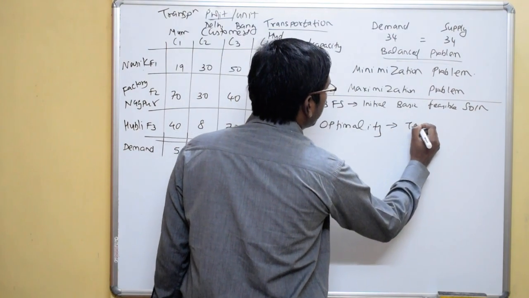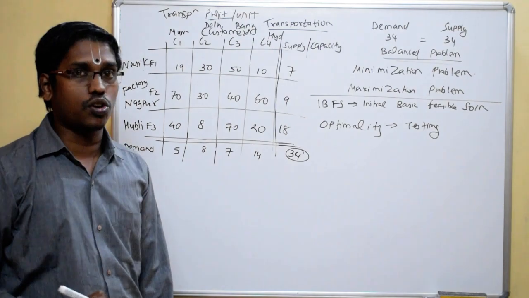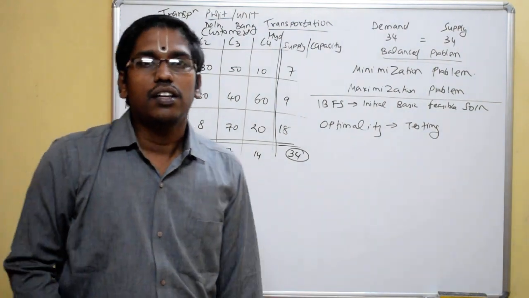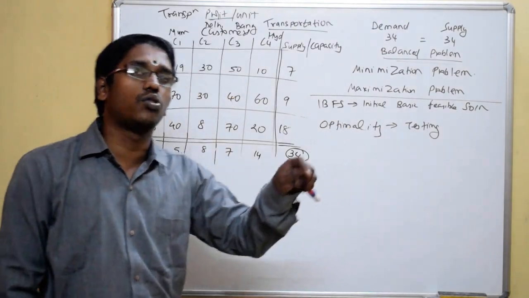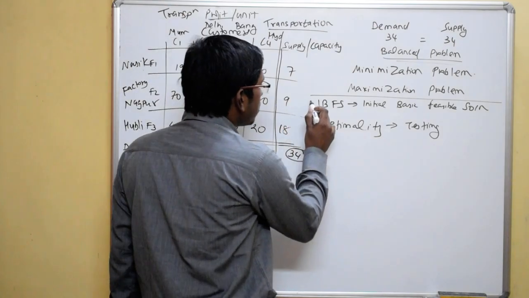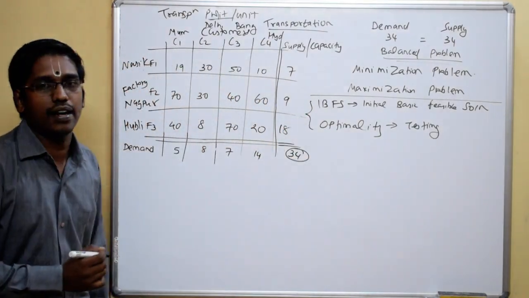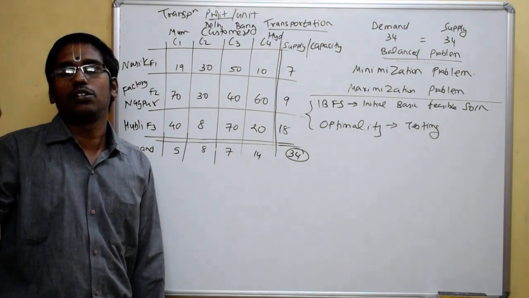And if you find that the solution is not optimal, you need to work ahead using a method called the modified distribution method to make the solution optimal. First, let us learn what is this IBFS, what is this optimality. Alright, initial basic feasible solution.